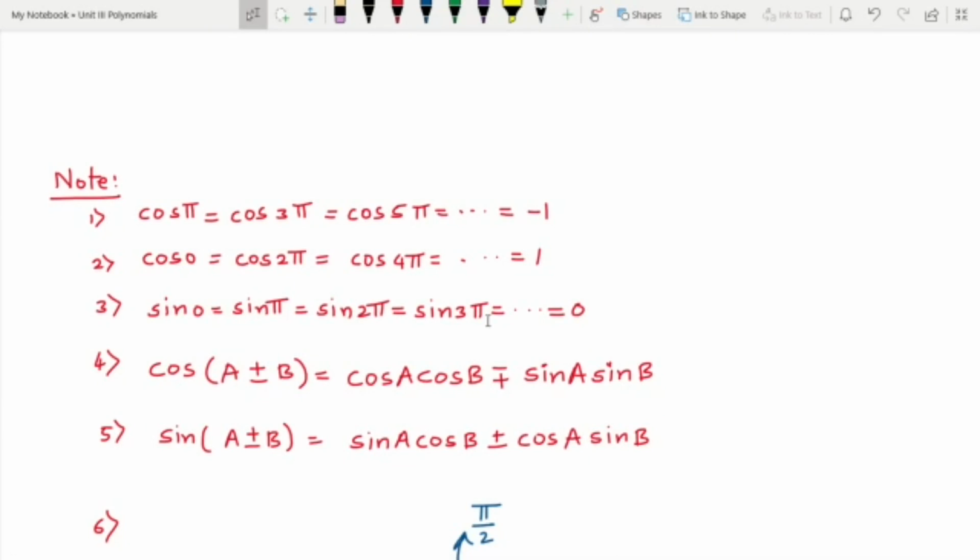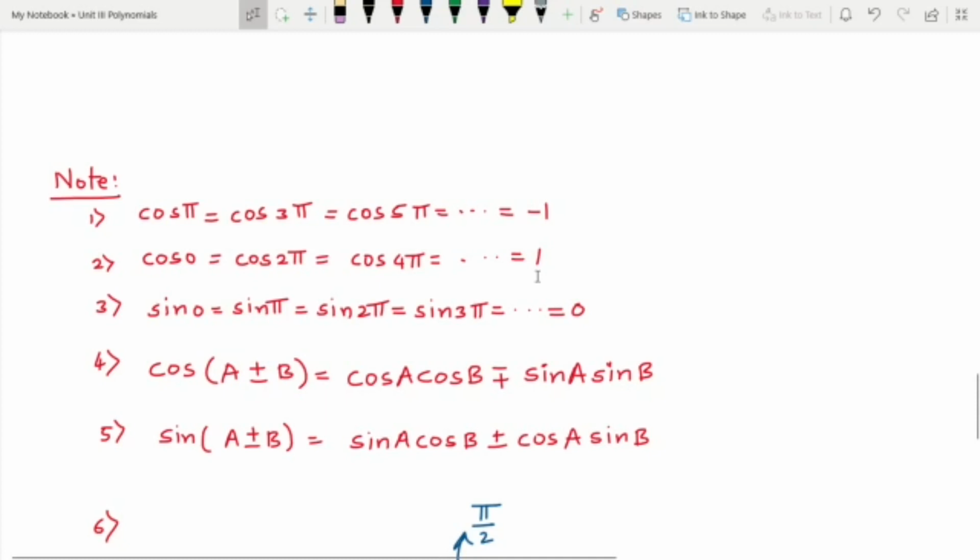Okay, now let us see few notes, because this will be essential in solving the examples on nth roots of unity. So first of all, we should know that cos of pi, cos of 3 pi, cos of 5 pi is always going to be minus 1. I mean cos of odd multiple of pi is always going to be minus 1. This is also true on the negative side. I mean cos of minus pi, cos of minus 3 pi is also what? Minus 1. Next thing is cos of 0, cos of 2 pi, which is equal to cos of 4 pi.